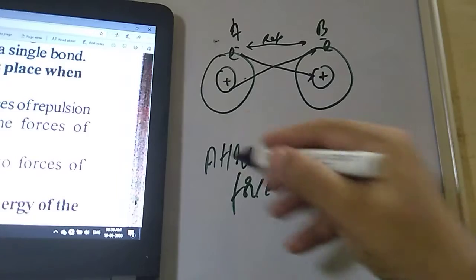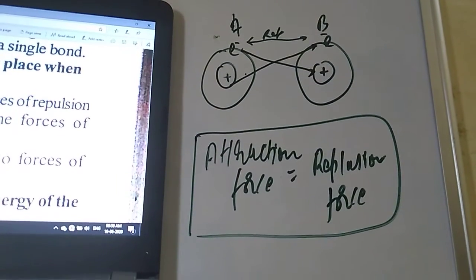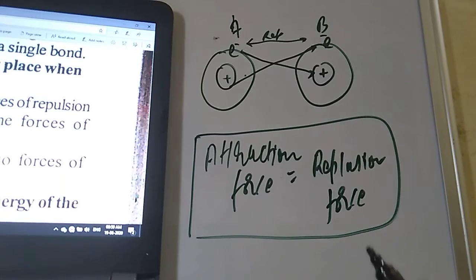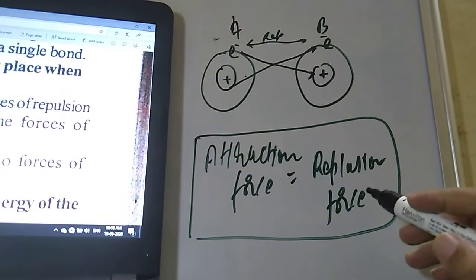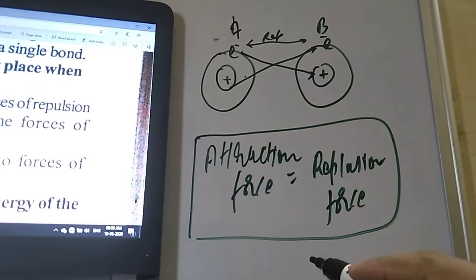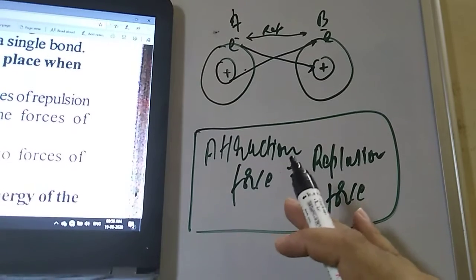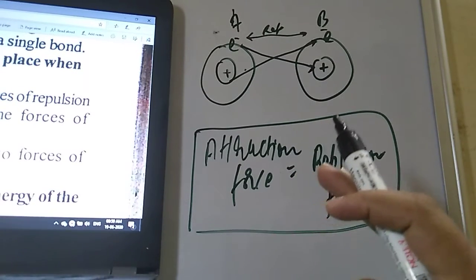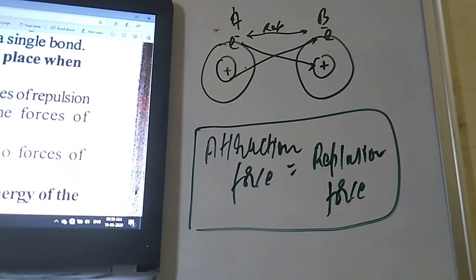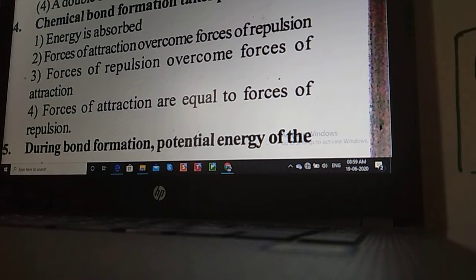So when the bond formation takes place, student, the attraction force will become equal to the repulsion force. After this, the attraction force will be high. But at the time when the bond formation is taking place, the attraction force will be equal to the repulsion force. The correct option will be option number 4, student, where force of attraction is equal to force of repulsion.